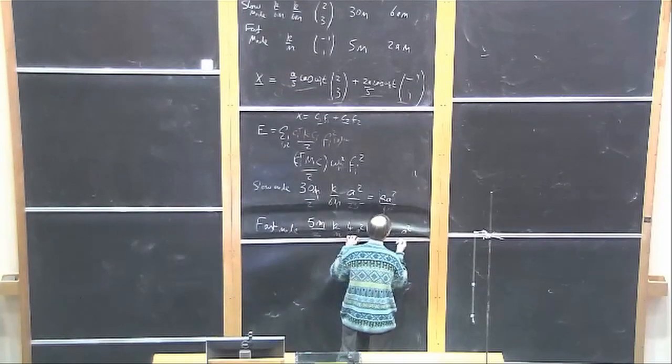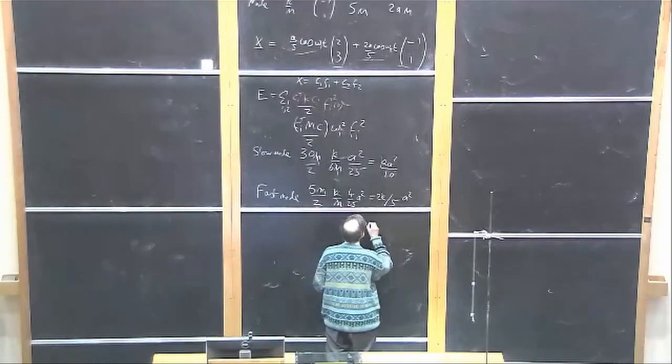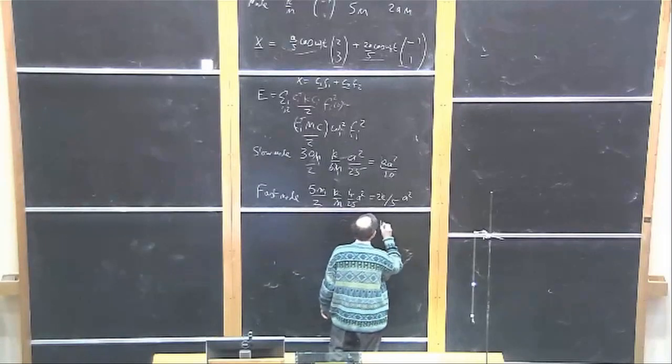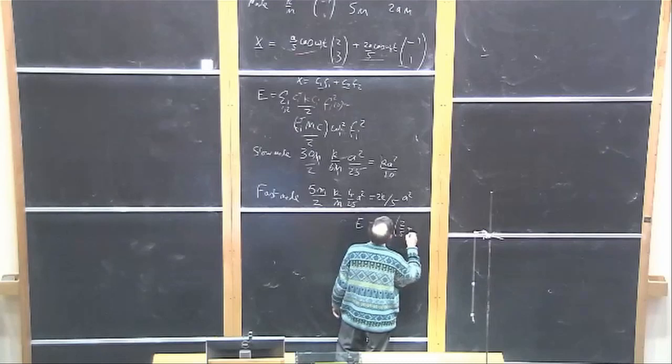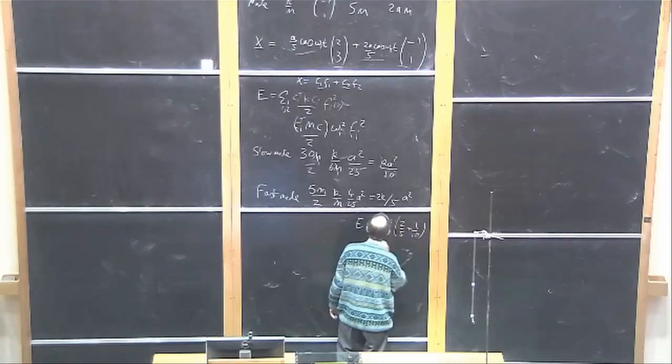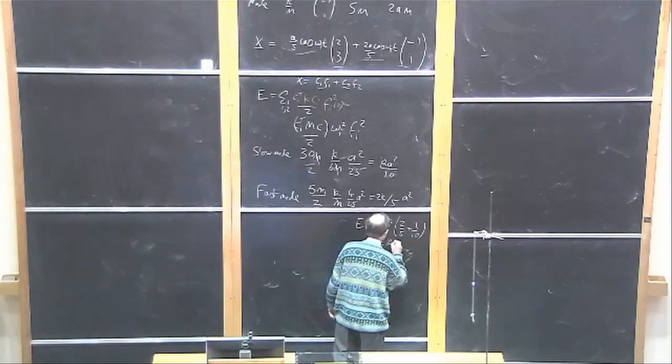And if we just add those up, we get k a squared times 2 over 5 plus 1 over 10 is a half k a squared.